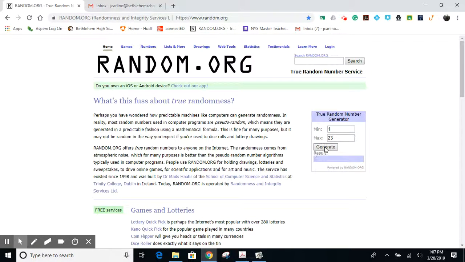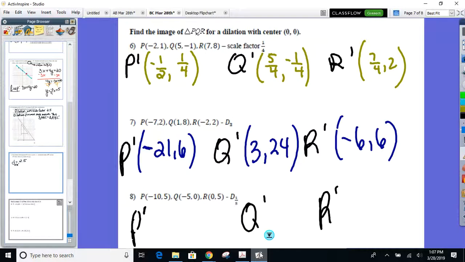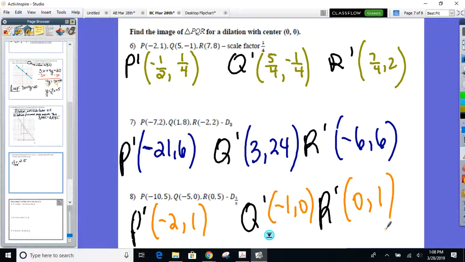Here you go. Yep, Q prime. R prime. Okay, nice job. Anything else, guys? All right, have your compass and straight edge ready to go now.